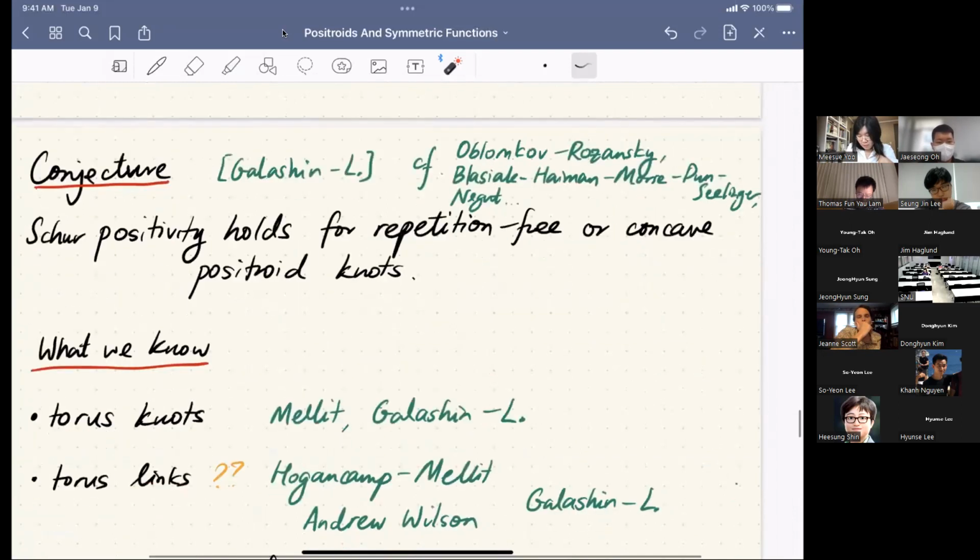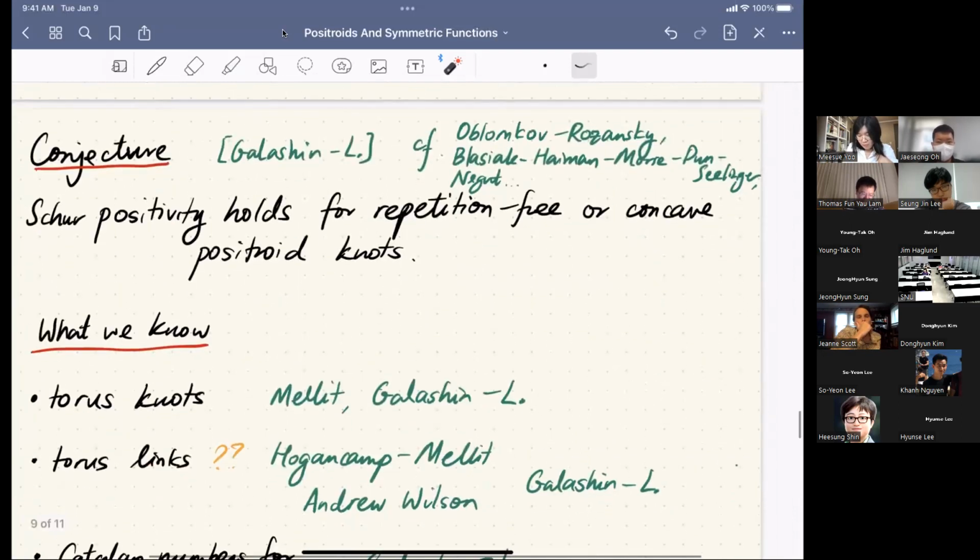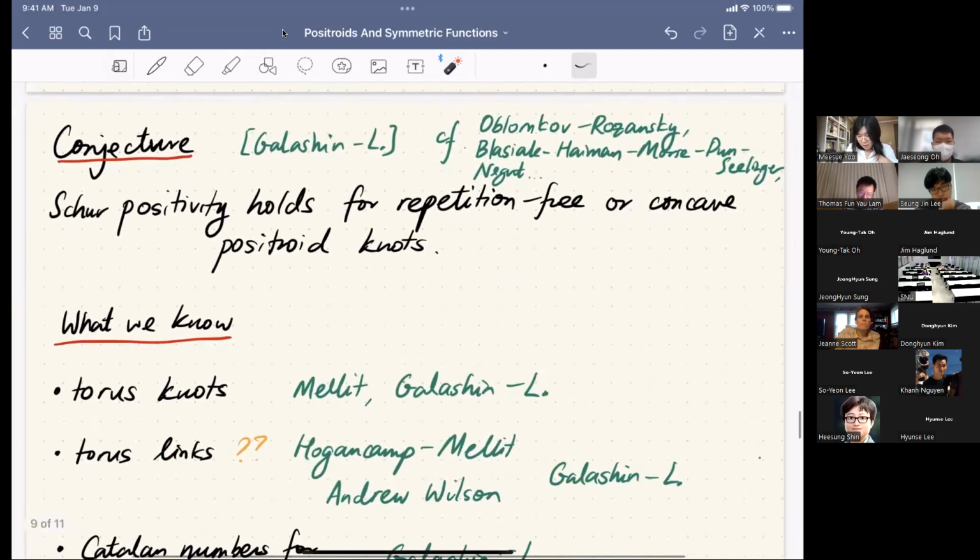Okay. So part of the conjecture is that for this same class of concave curves, these EHA operators produce Schur positive symmetric functions. Actually, the conjecture is for repetition free, and I'm not talking about that today. But for this class that I talked about, for each concave curve I produced for you, using this recursion, an operator in the EHA, and we conjecture that it's a Schur positive operator.